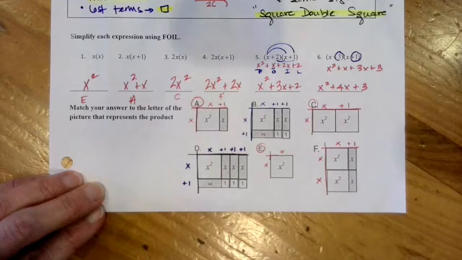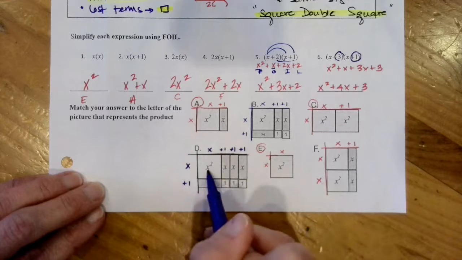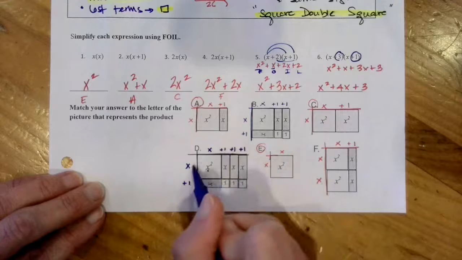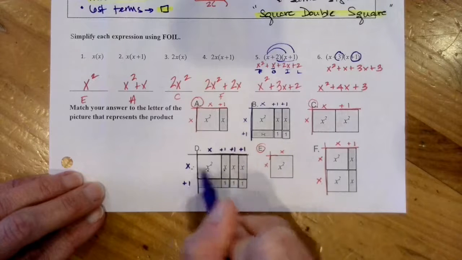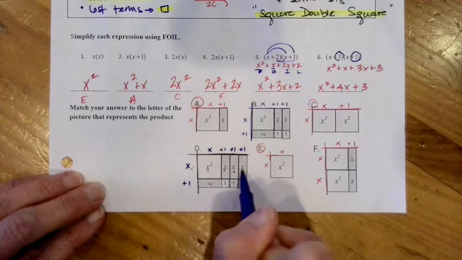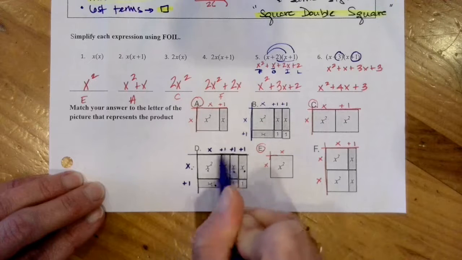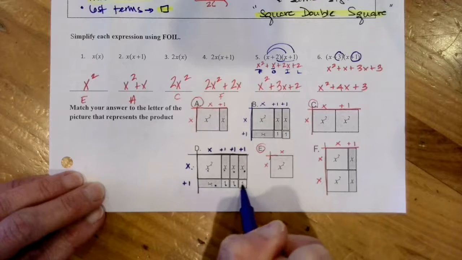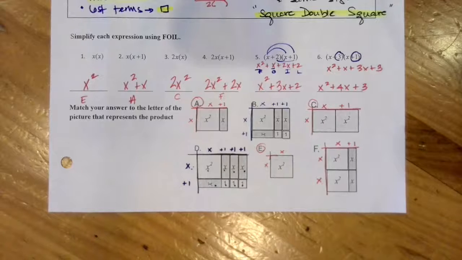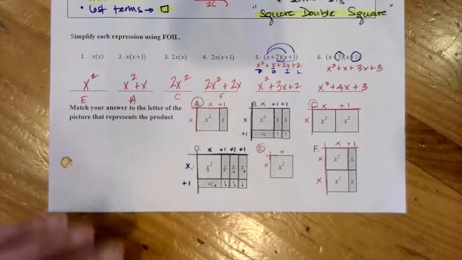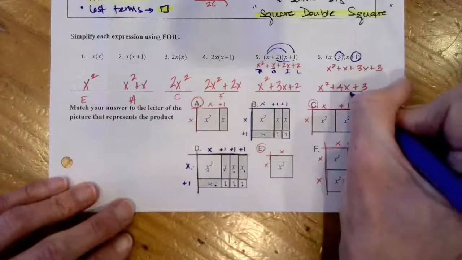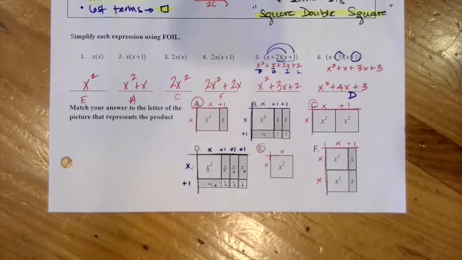And you can look at x times x is x squared, and 1 times x is x, and 1 times x is x, and 1 times x is x. X times 1 is x, and 1 times 1, 3 times, is what gives me 4 x's and 3, which means this one is D. And of course, this one is B.